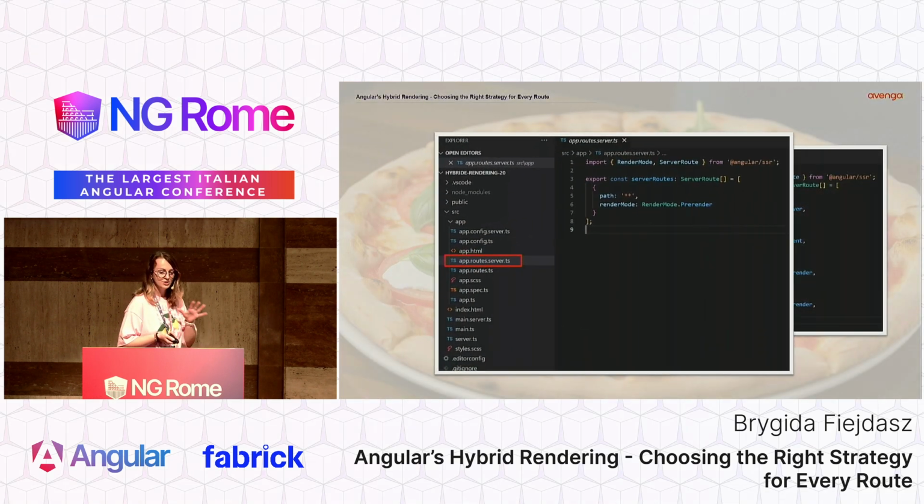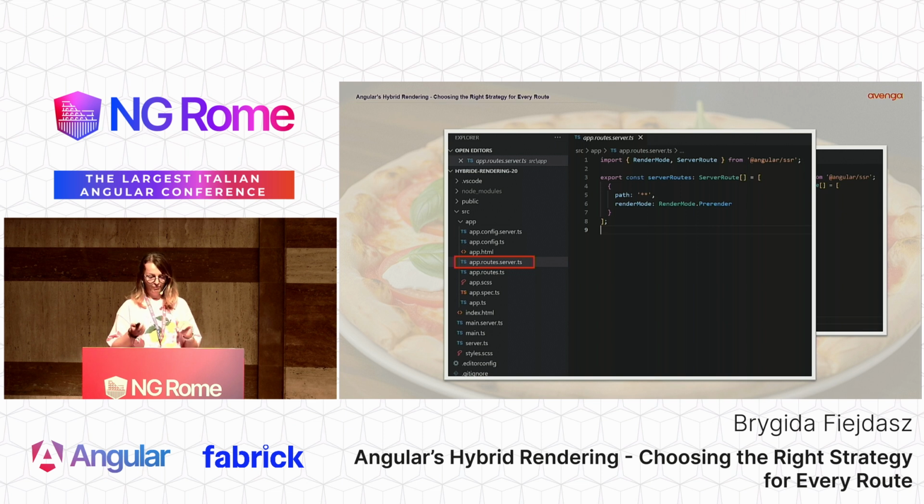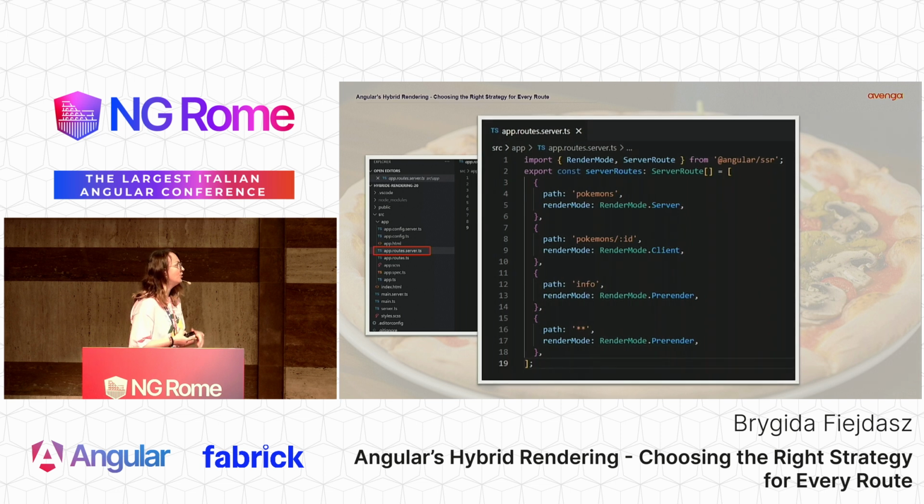As you can see here, we have the plain server routes file, and you see that all routes are now pre-rendered. This is the default file, but you could of course change it and choose the render mode. It could be server, client, or prerender.